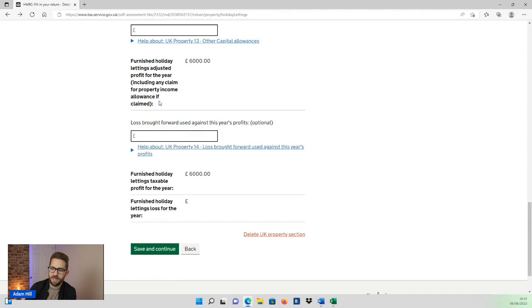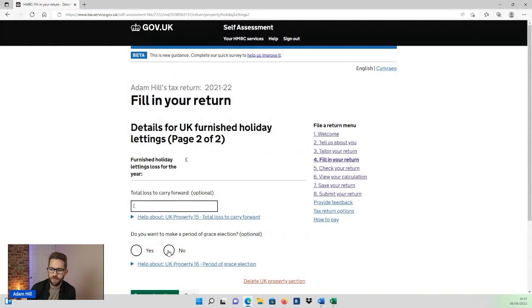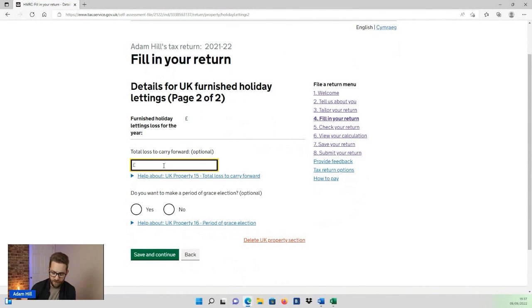If you have in excess of this year's profit, so maybe if you have £10,000 of losses brought forward, you can actually enter that 6,000 in here, which will bring my profit down to zero. On the next page, you'll then have an opportunity to carry forward the remaining 4,000.